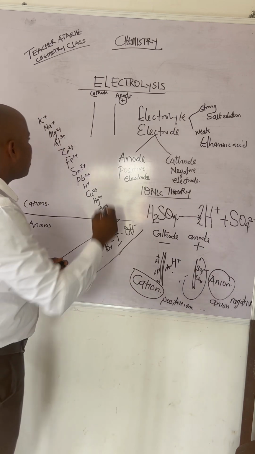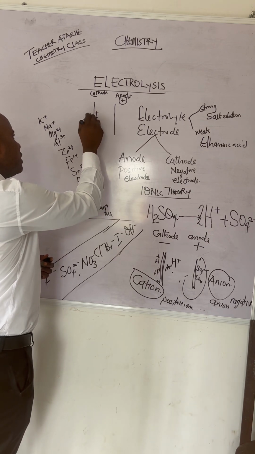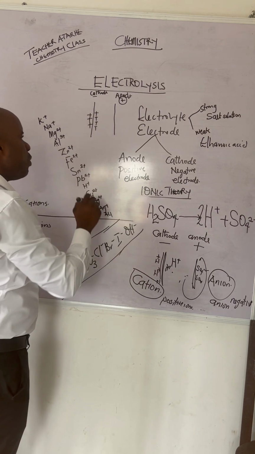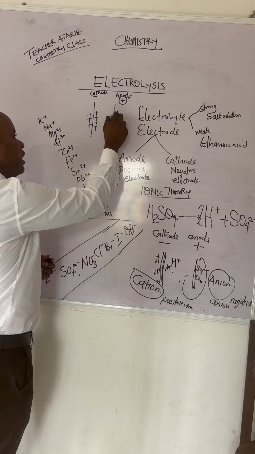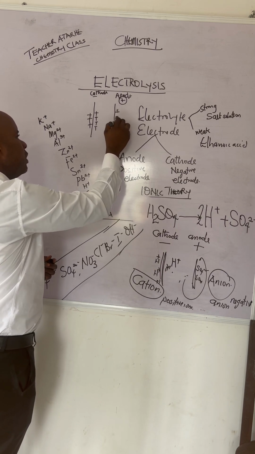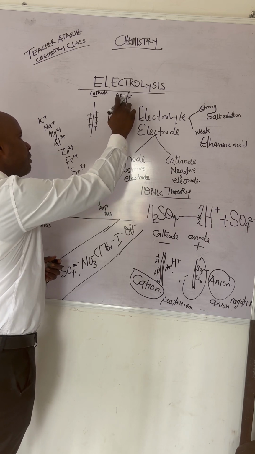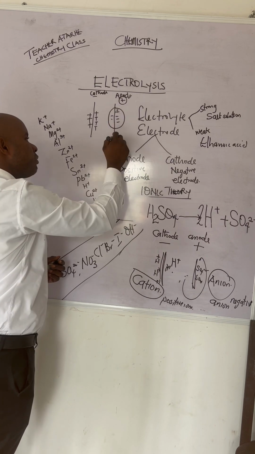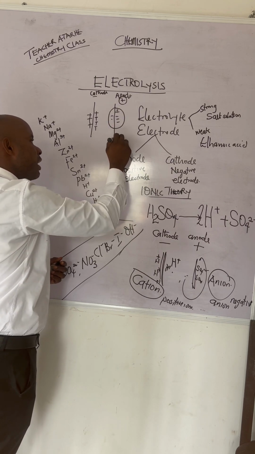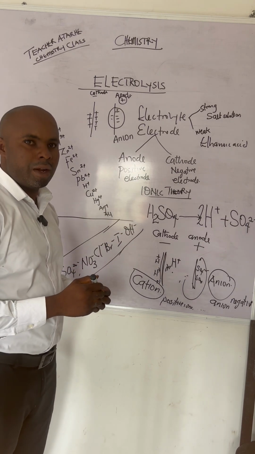So in this aspect, all the positive ions will come this way because this is the negative pole. All the negative ions will be found here. Since this pole that contains all the negative ions is found at the anode, we take two letters from here, and we add the ion to form anion.